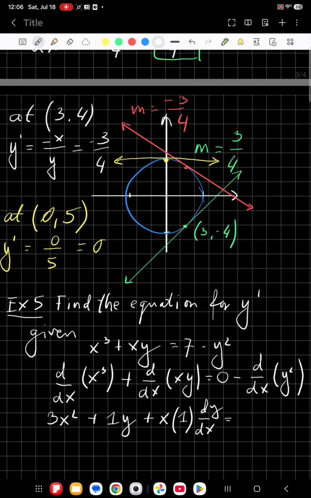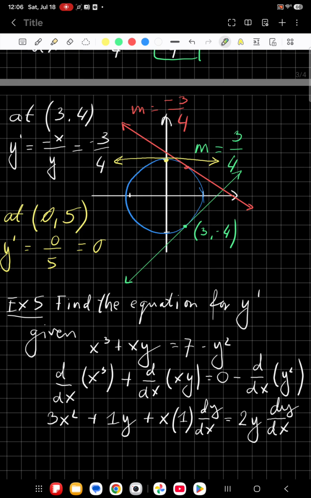And on the right side is 2y, and then dy/dx. I hope you understand that one: derivative of y squared is treating that y as a regular variable, so that's 2y, now multiplying it by the derivative of that inside.